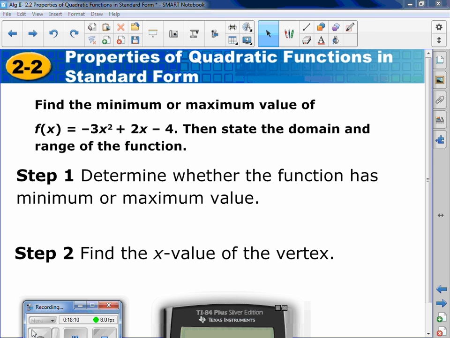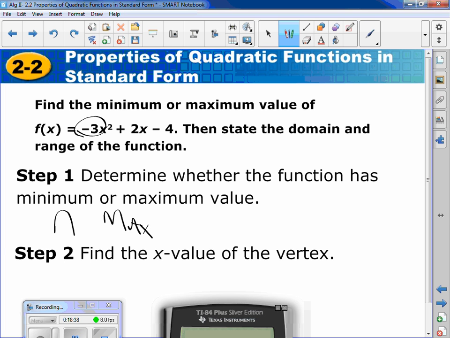I have negative 3x squared plus 2x minus 4. We need to determine, is it a max or is it a min? So to tell if it's a max or a min, you need to look. Does it open upwards or does it open downwards? It's going to open downwards, so that means this point is a maximum.